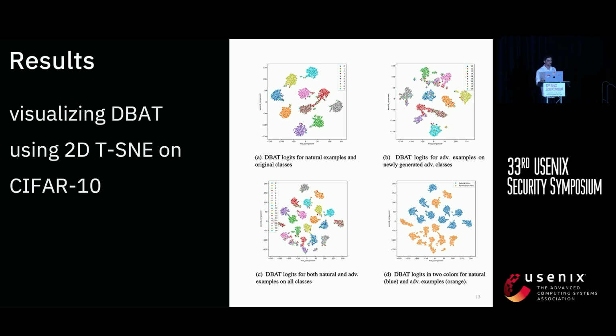And on the bottom right, you can see the adversarial and natural classes painted in two colors, where blue is the natural class and orange is the adversarial class. You can see the strong separation between the classes. The natural classes almost don't mix, not with each other and not with the adversarial classes. The interesting thing we saw here is that the adversarial classes usually mix with one another much more often than the natural classes do.